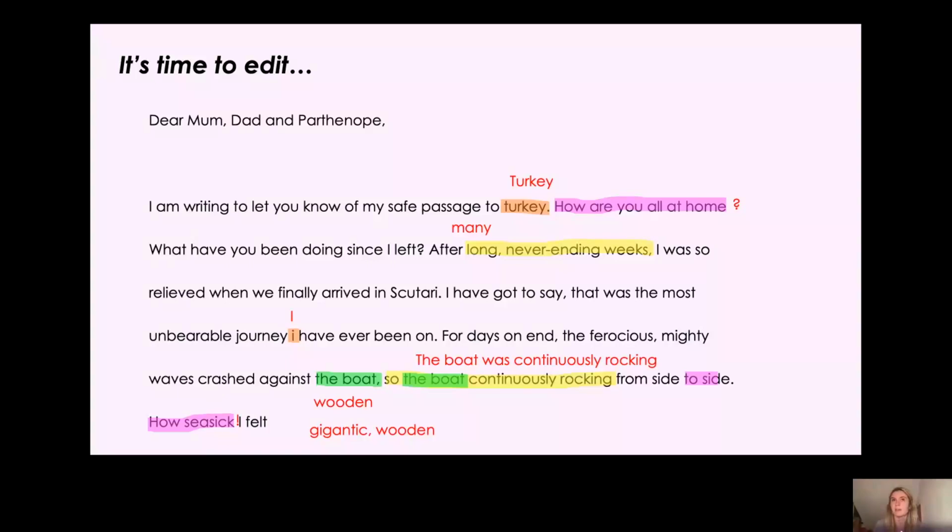Yes, I can replace it, can't I? So I can have, so it was continuously rocking from side to side. So therefore, I haven't repeated boat. I have changed the second boat to avoid repetition with a personal pronoun. Can you see how I've improved my sentences even further by adding an adjective and a personal pronoun?